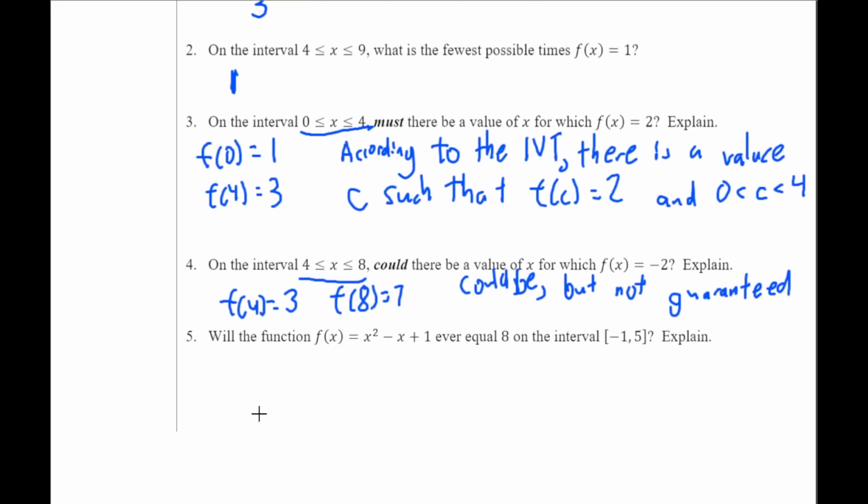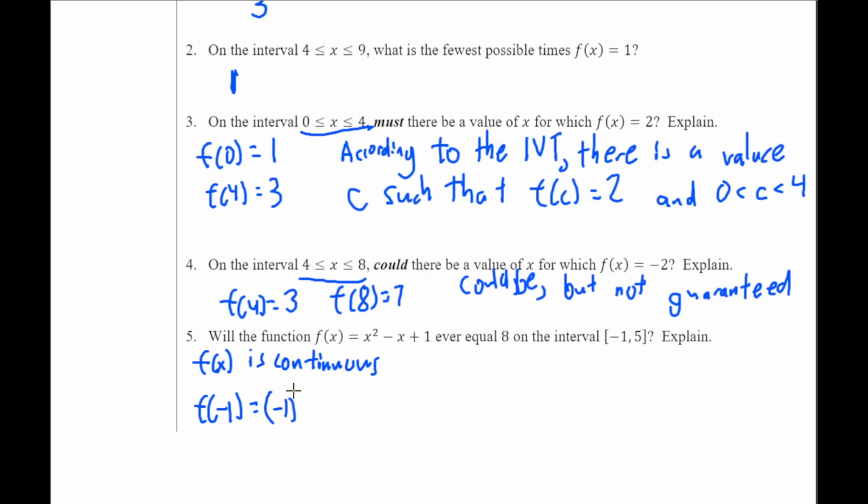Last question here. Will the function f of x equals x squared minus x plus 1 ever equal 8 on the interval negative 1 to 5? Explain. This is like a really good sample AP exam question you might see. Because this function is a polynomial, it's continuous. So I can just write f of x is continuous because that is a condition for using the intermediate value theorem. So we're going to find f of negative 1.